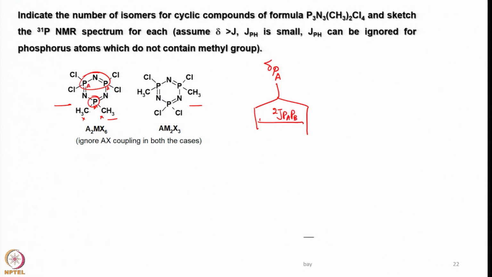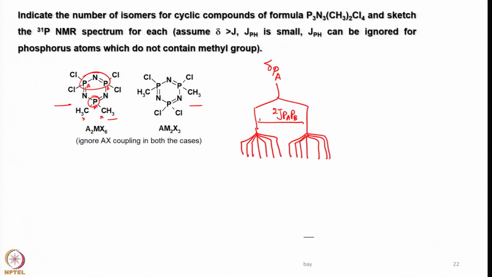If 6 of them are equally coupled, you should get n plus 1, that is 7 lines, because I equals half. So what you get is 1, 2, 3, 4, 5, 6, 7. Similarly here also 1, 2, 3, 4, 5, 6, 7. So something like this we get.